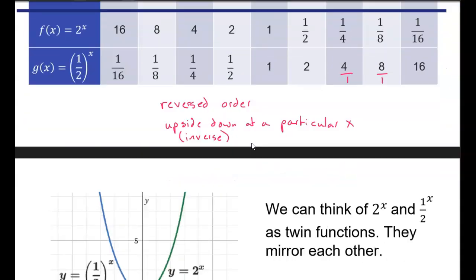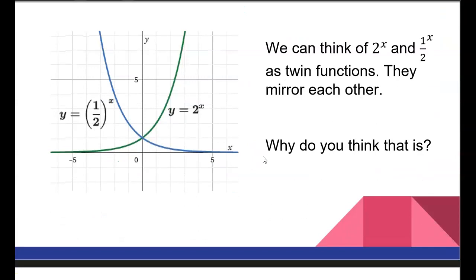So now if we look back at our graph, these are those two functions over the top of each other. We can think of these as twin functions. They mirror each other. They have the same values, but they're going opposite directions. Now looking at these two functions, 1/2 to the x and 2 to the x, why would you think these are twin functions like that?